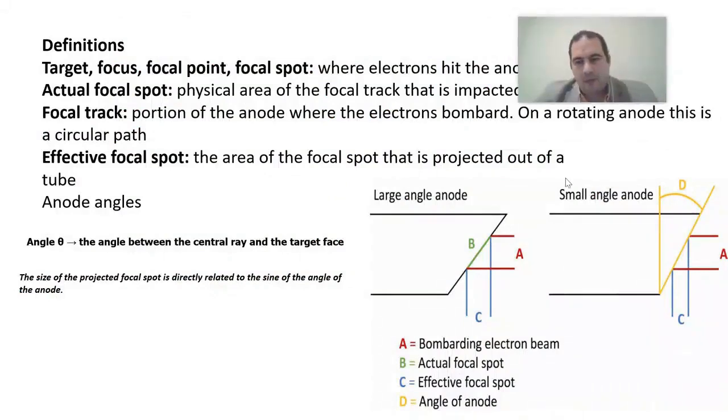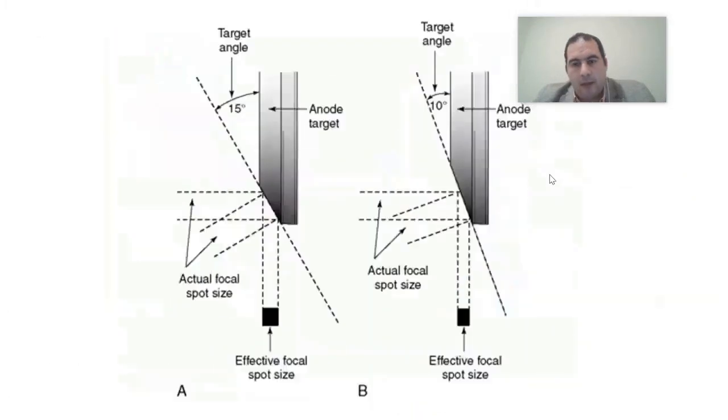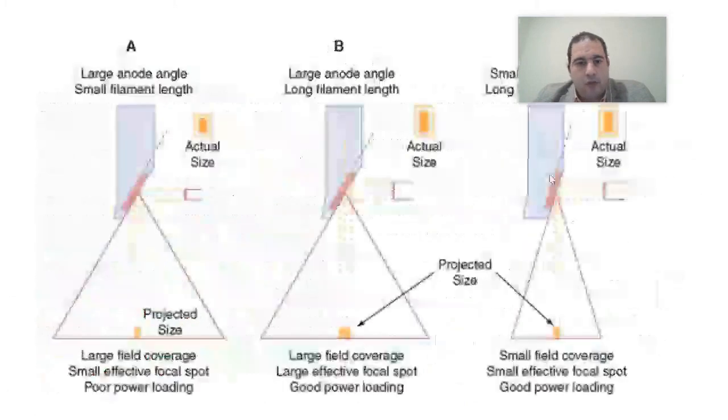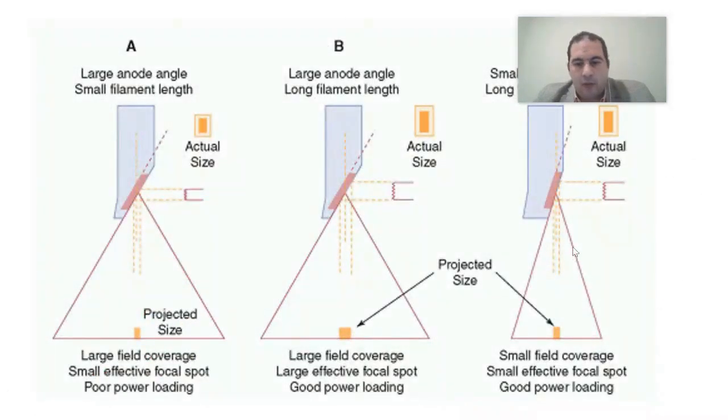Regarding large field coverage, it is not related to filament size because first, the filament size was small and the field coverage was large if, for example, the anode angle was large. Also, when the filament size was large with a large anode angle, the field coverage was also large. This means it is not related to filament size. So the image you provided is very difficult to interpret in this context.